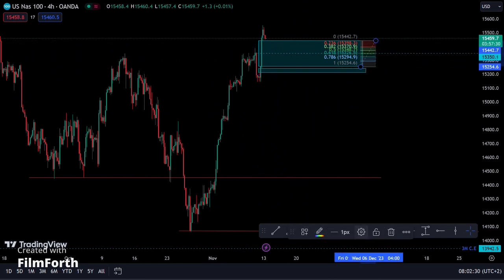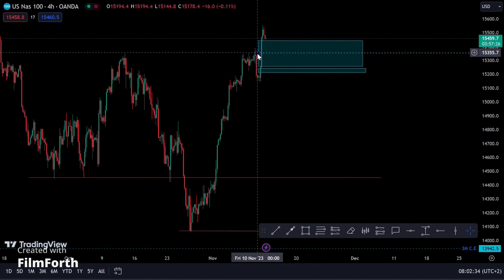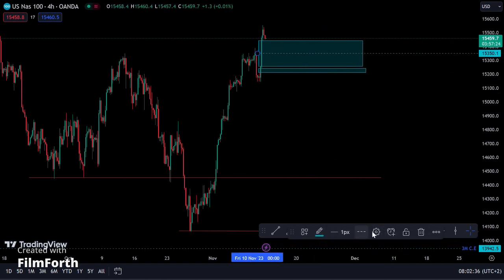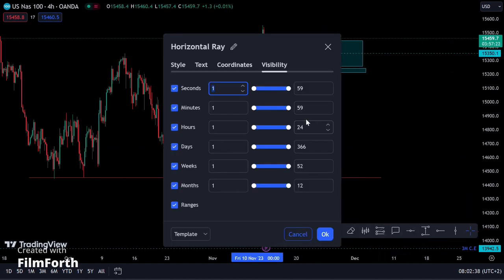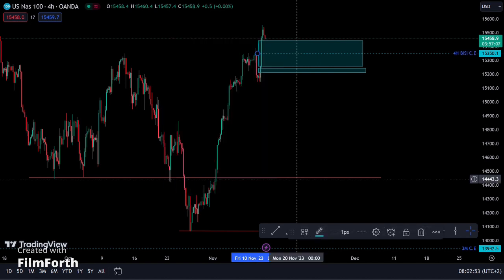It's not a coincidence that the consequent encroachment is on the order block. I don't put consequent encroachments in the 4-hour charts. If I would do that, my chart would be hectic. But let me just put it. The market would look so hectic.